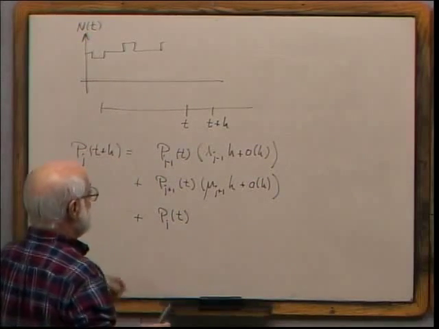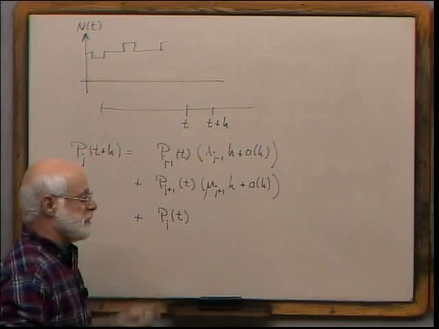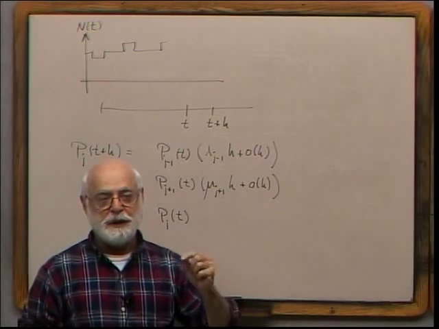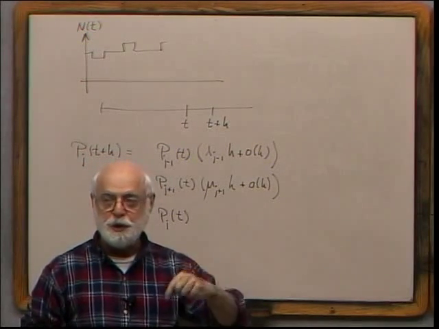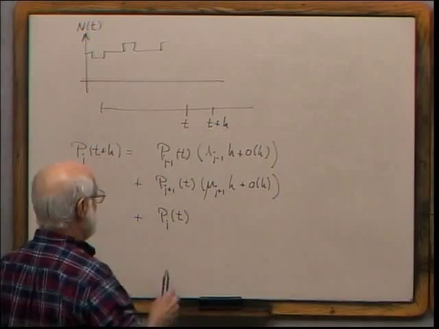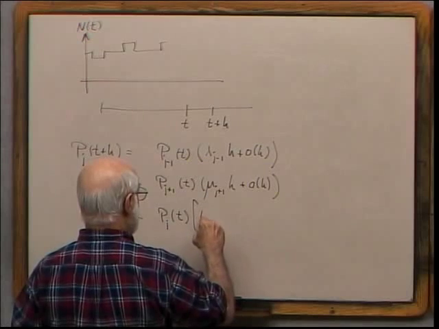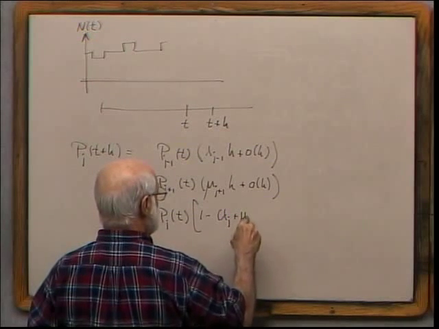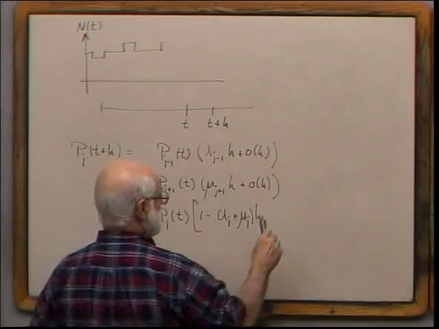So if the probability of a birth in the interval of length h is essentially lambda j h, and the probability of a death is essentially mu j h, then the probability of neither should be 1 minus that. So here I'll put in 1 minus lambda j plus mu j times h, and then the little o of h.